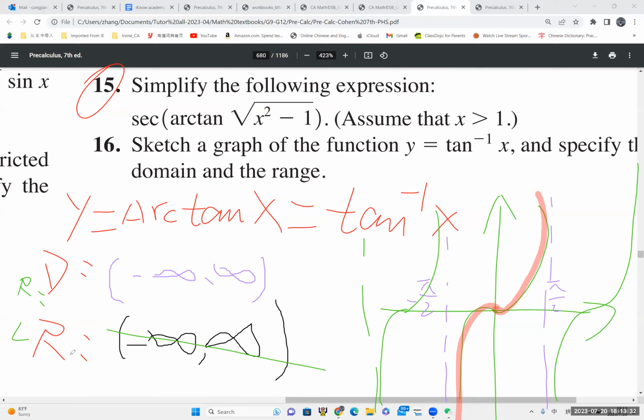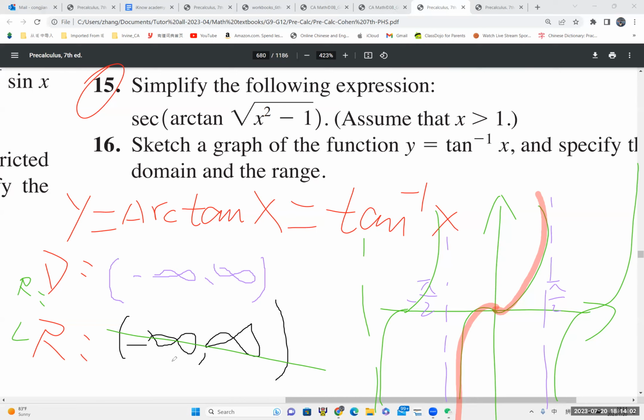Could you provide the range for the arctangent function? Arctangent would look like this.